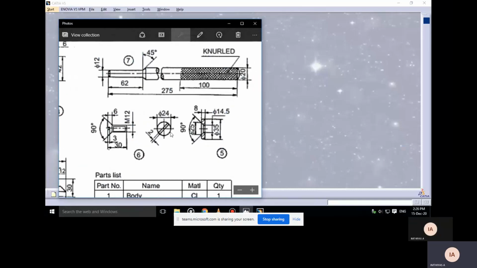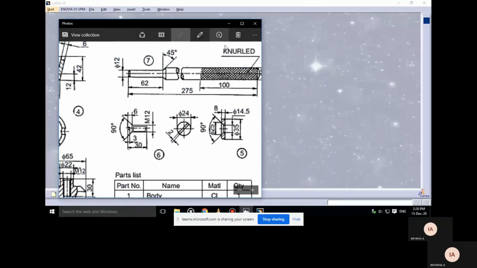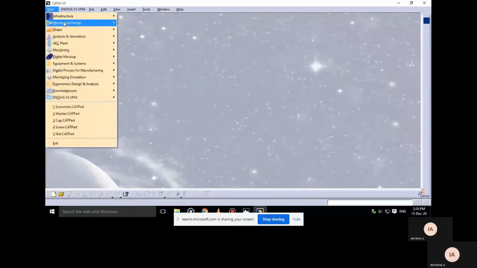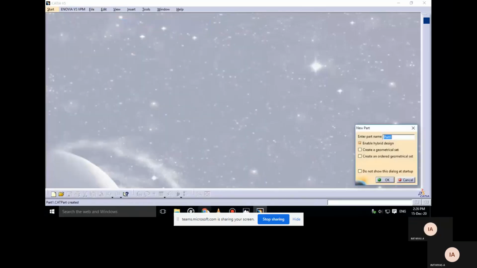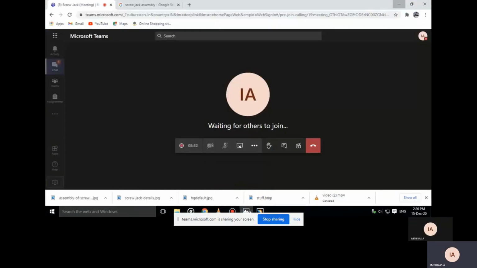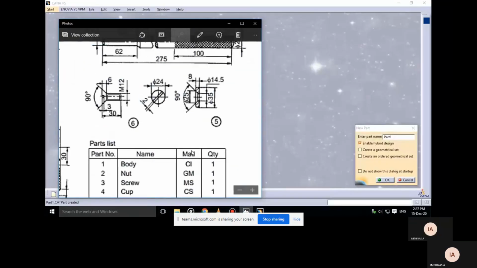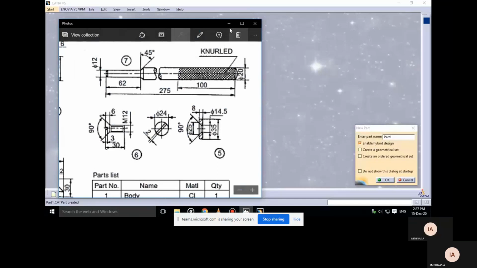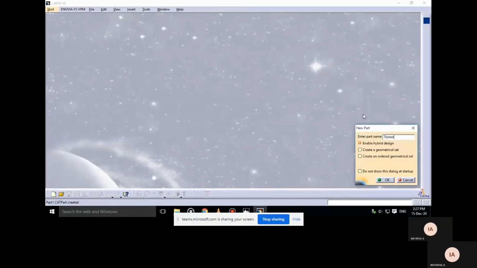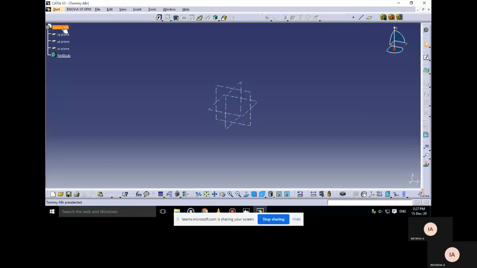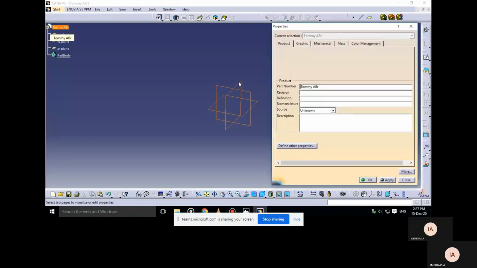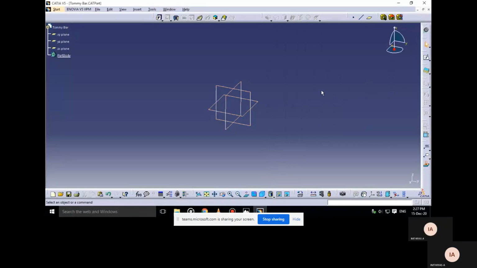Next part is the Tommy bar. This is the last part.